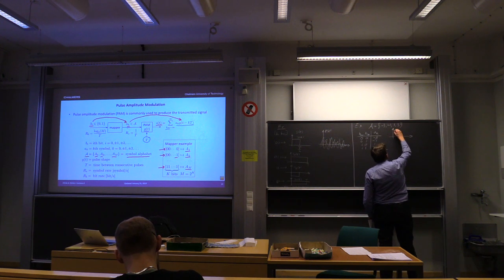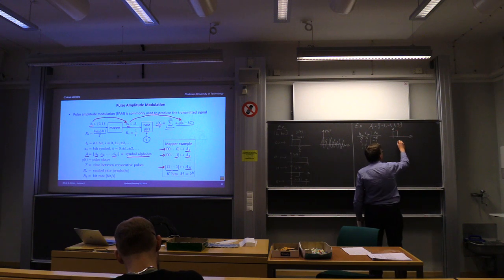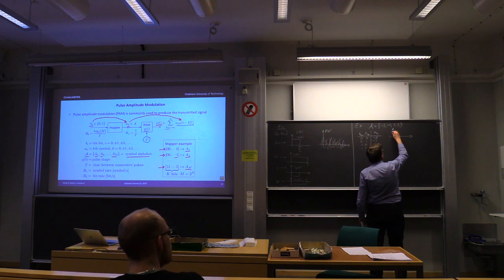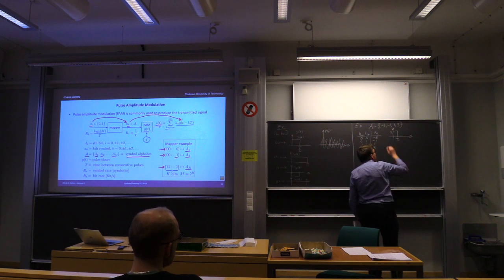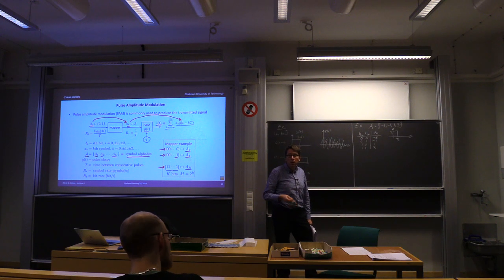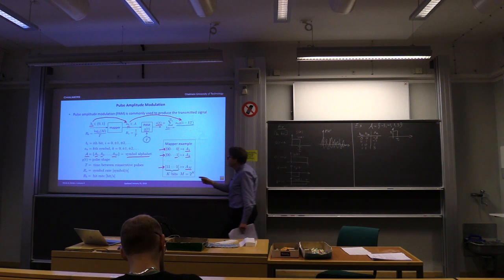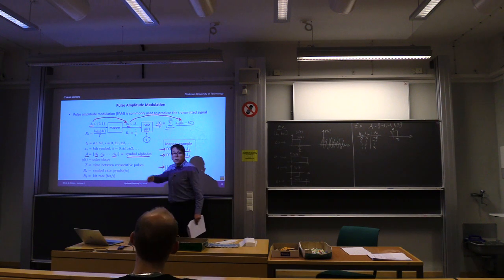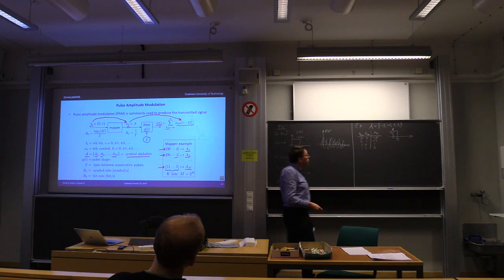To make it simple for drawing, we just pick a square wave here, maybe with some duration t0, and say that it has amplitude 1, just to make things simple. Now we only need one more thing, and that is the number capital T, which tells us how often we transmit pulses.